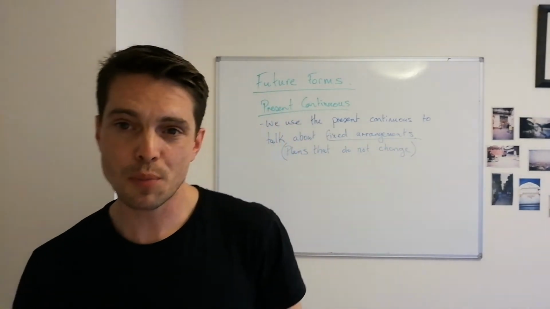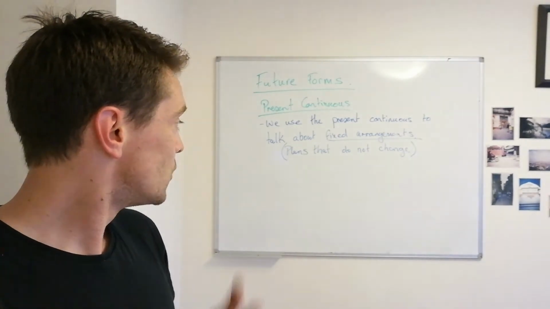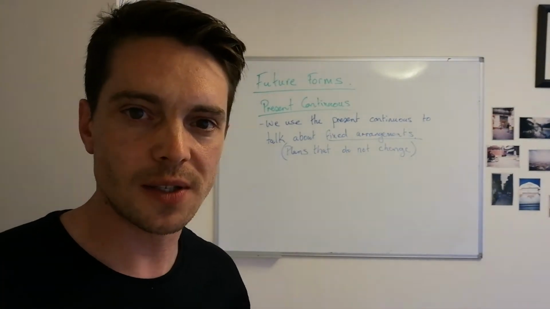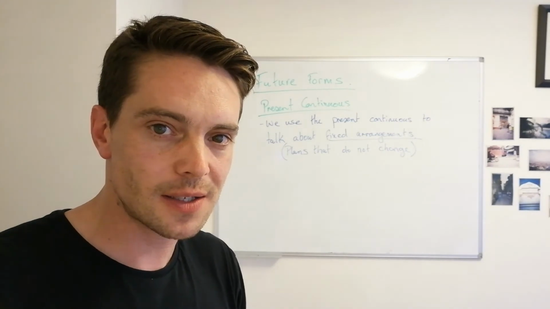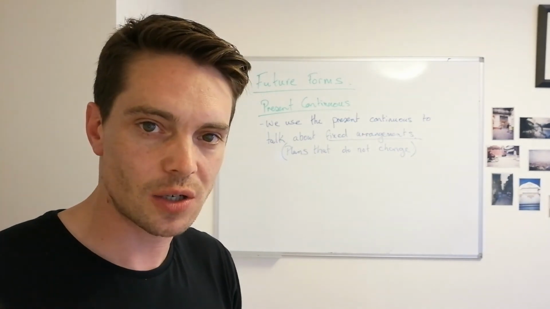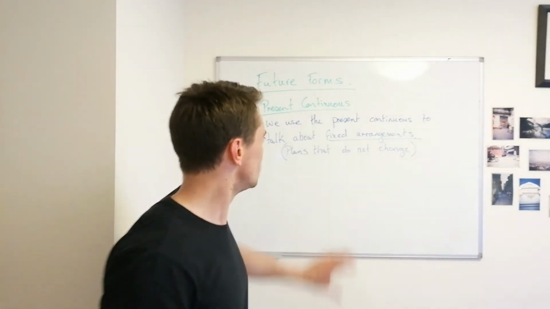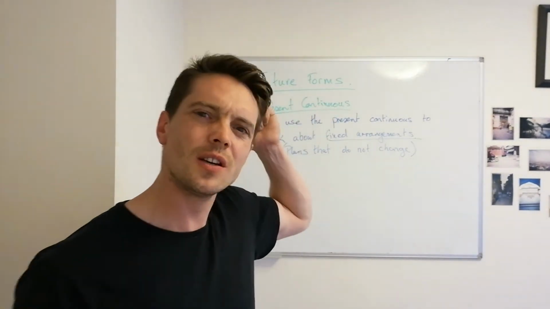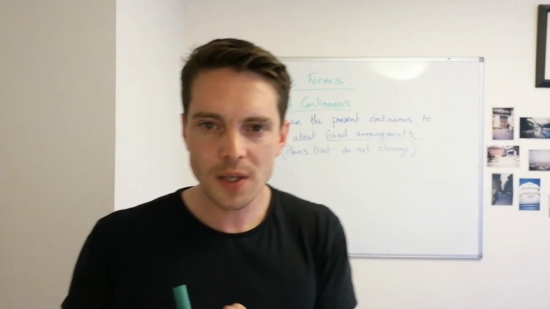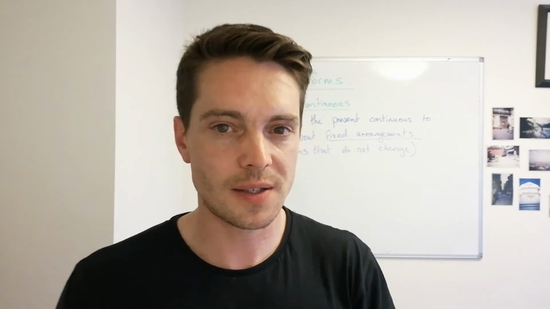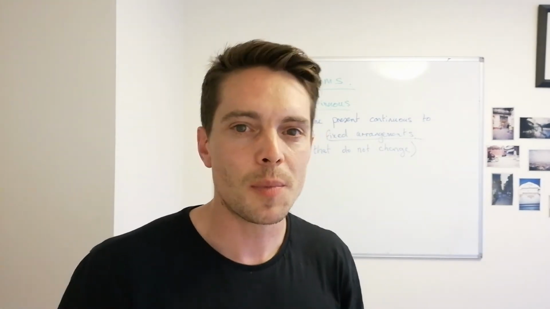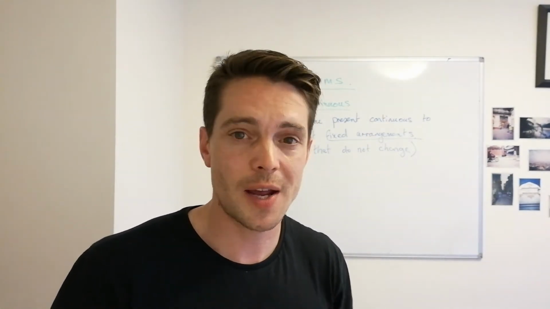So, we use the present continuous to talk about fixed arrangements in the future. These are plans that do not change. So what's the difference between using the present continuous and using going to? So going to is a plan. It's a plan, but it may change. But using the present continuous, the plan will not change.